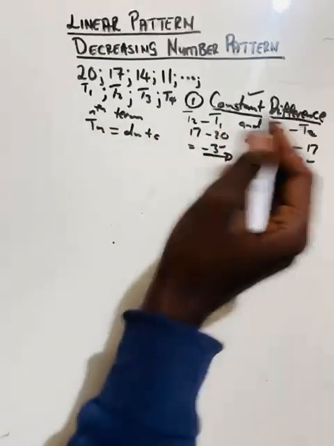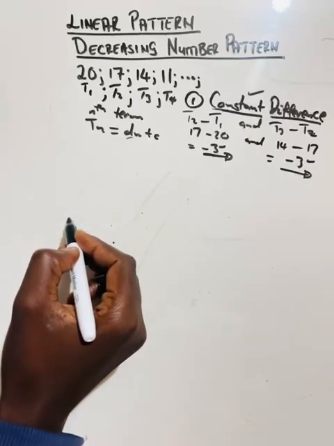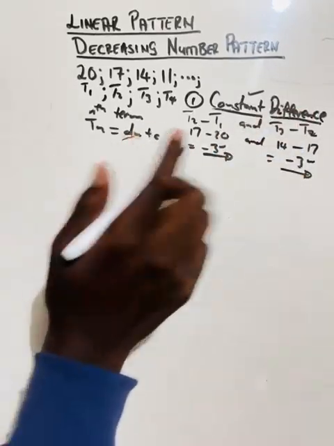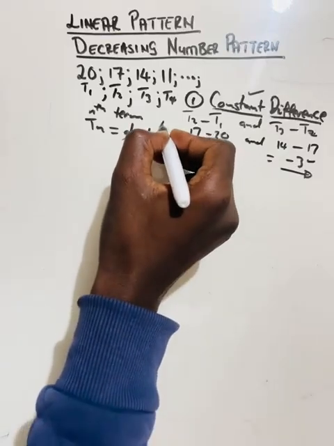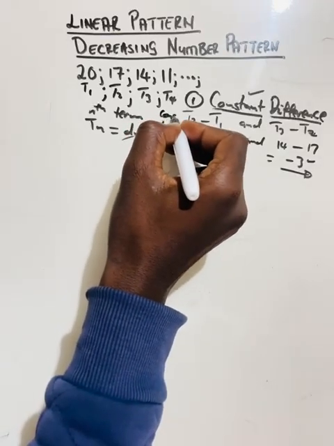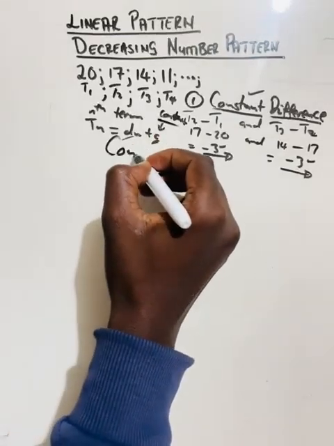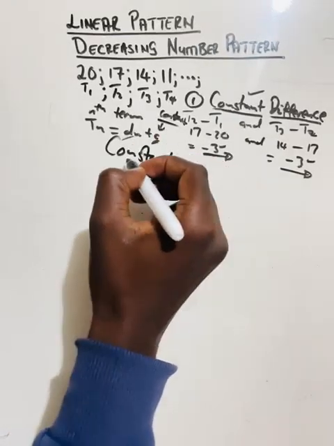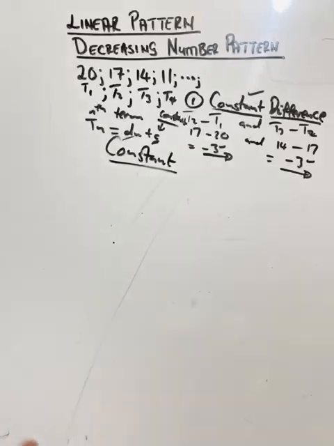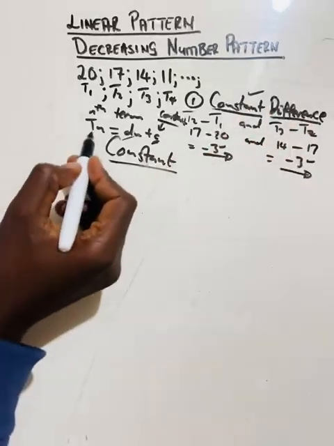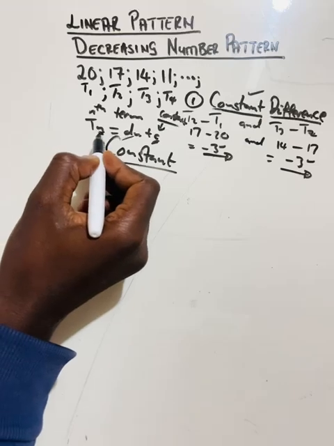We said when you are looking for the nth term, you look for D, the constant difference, and the letter C stands for the constant. So now we need to find the constant, which is the letter C. And how do we do that? In order for us to find the constant, we use the position of the term.